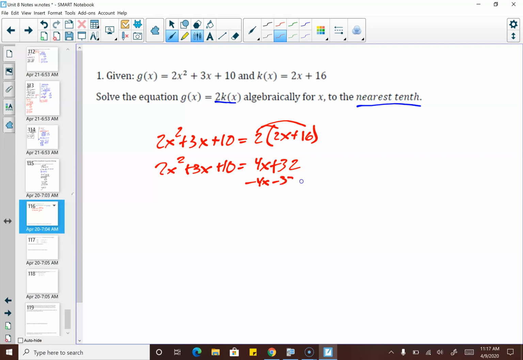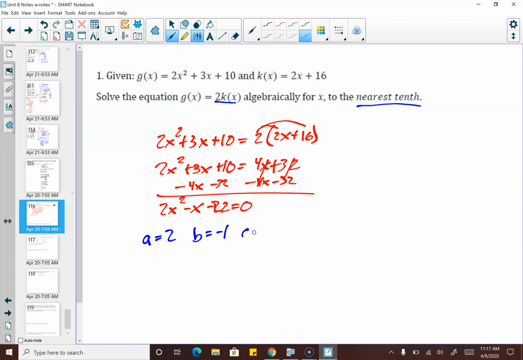So minus 4x minus 32, minus 4x minus 32, 2x squared minus x minus 22 equals 0. Again, factoring is probably not an option. We just did completing the square, plus there's an odd value here in the middle. So I'm thinking quadratic formula is probably the best. So a is 2, b is negative 1, c is negative 22.